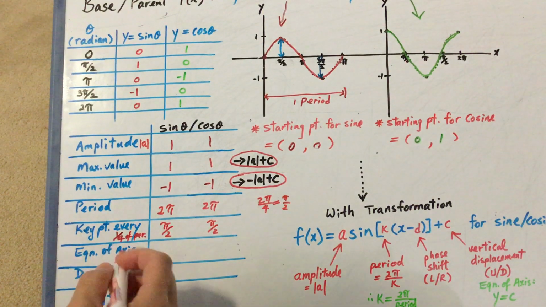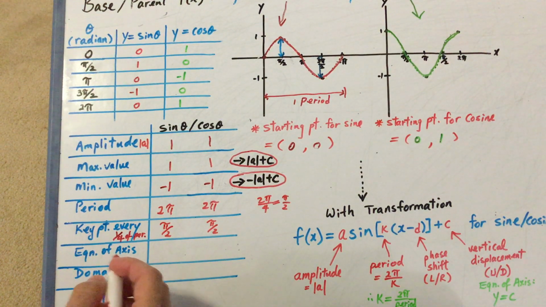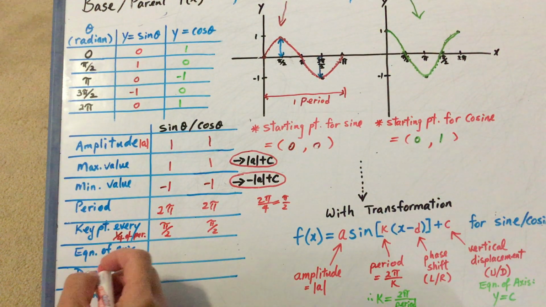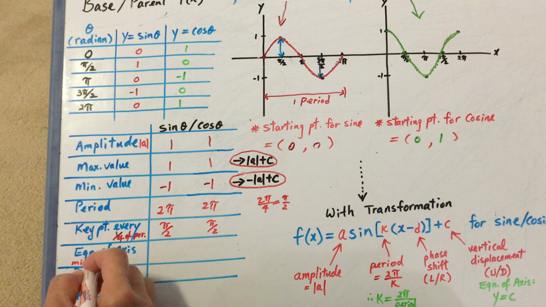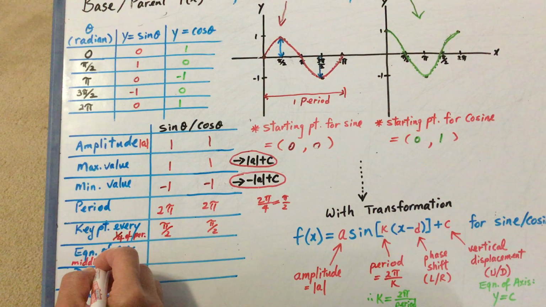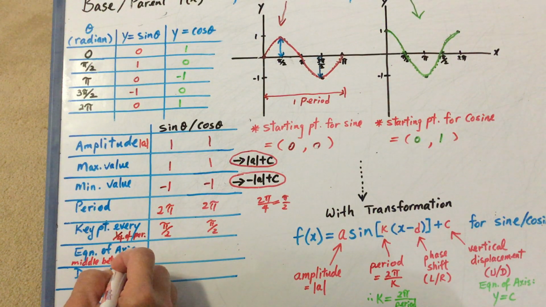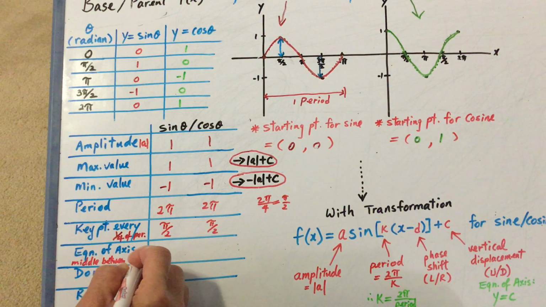And the next thing is the equation of axis. Well, the equation of axis really is the middle line between the max and the min.